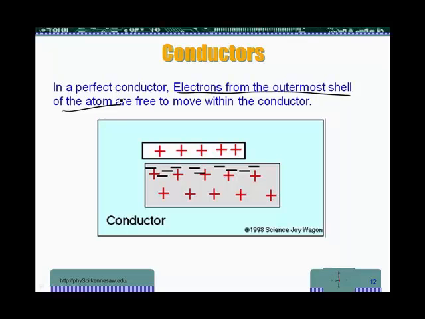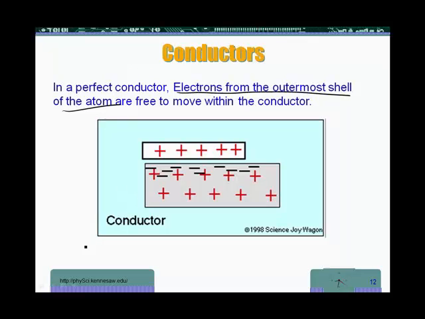Essentially, each of the atoms making up that material are going to let loose of their outermost electron. And then what that means, that outermost electron is going to wander around freely within the conductor.